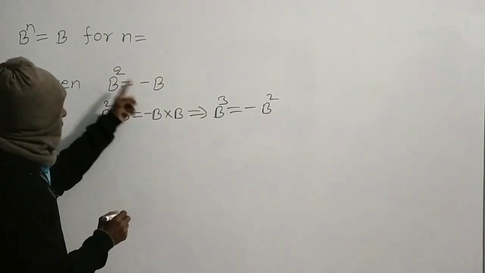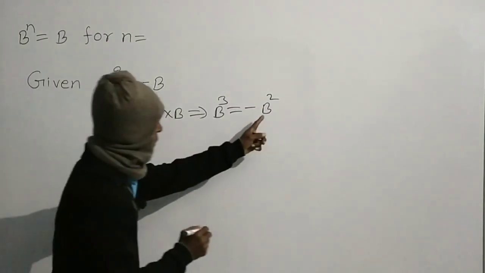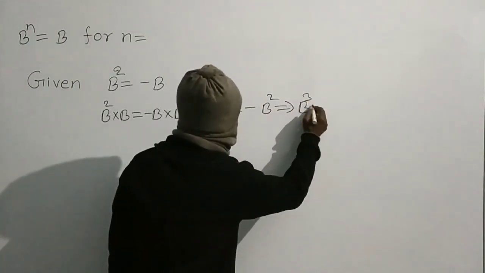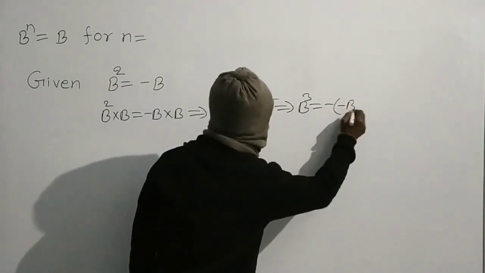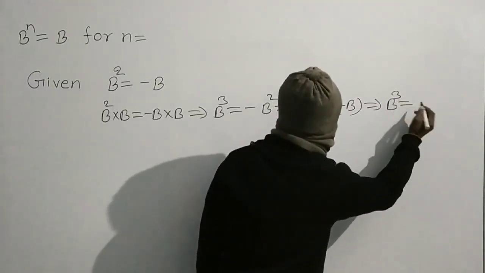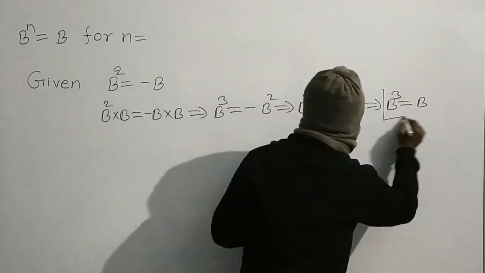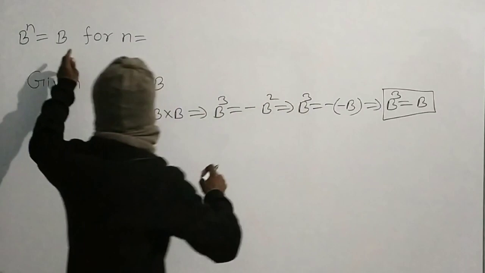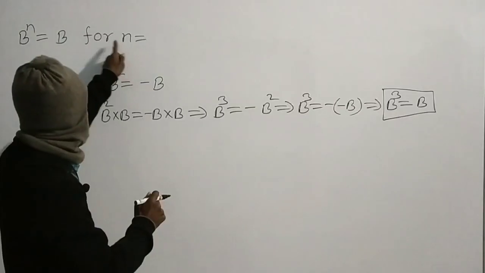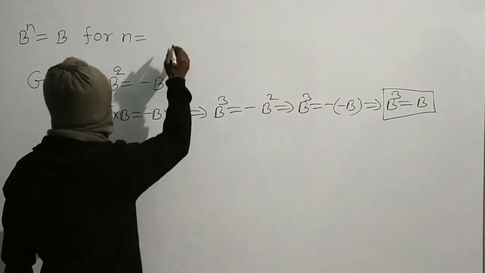But B square is equal to minus B. When we write minus B in place of this B square, this becomes B cube is equal to minus B. This implies B cube is equal to B. That means the number 3 satisfies this equation. One solution of this equation will be 3.